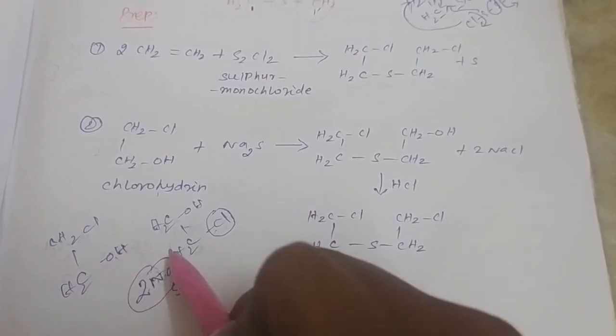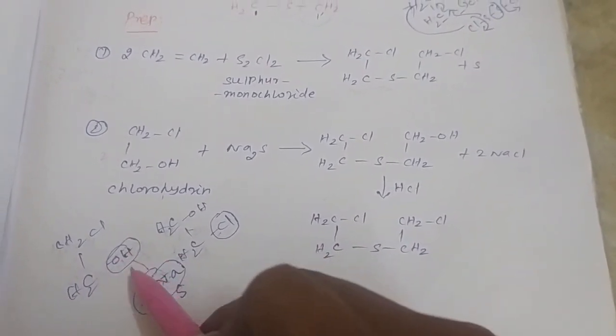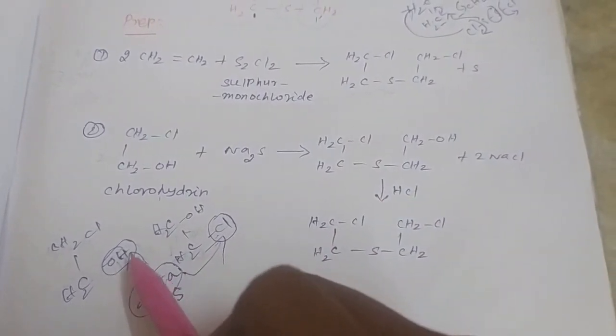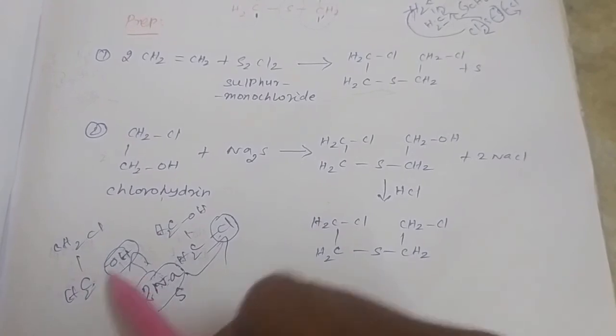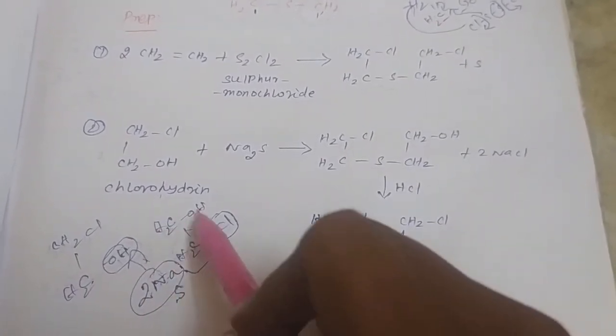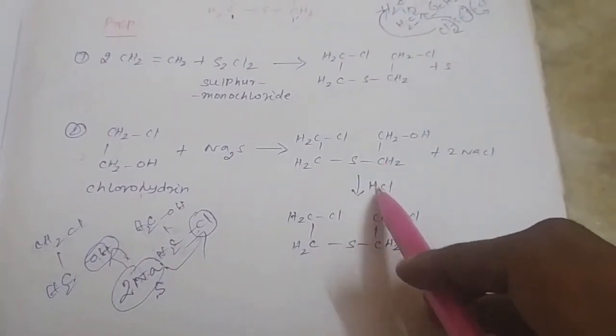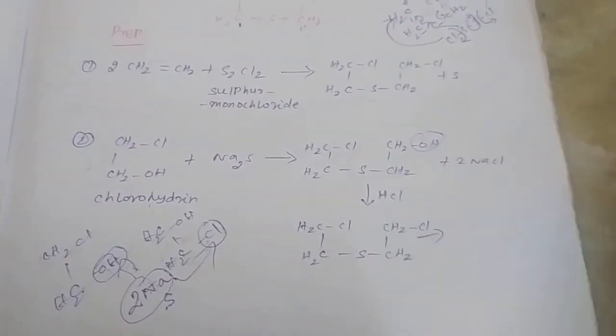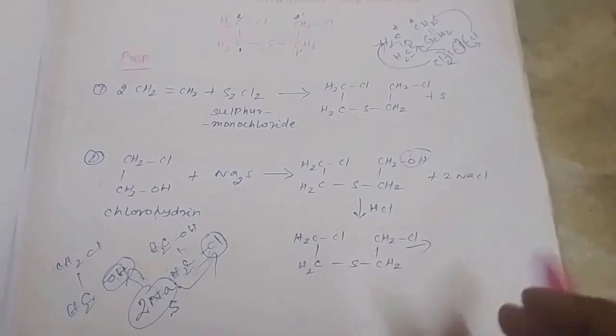So sulfur is inserted here. So what we get is CH2Cl, CH2, S, CH2, CH2OH. This reacts with the acid. This hydroxyl group changes to a chlorine atom to get mustard gas.